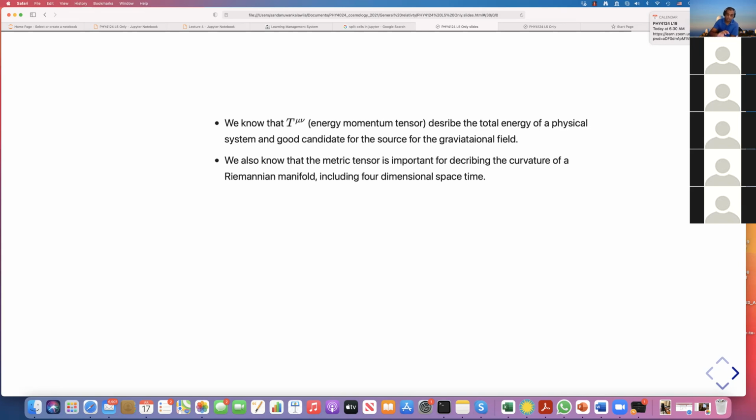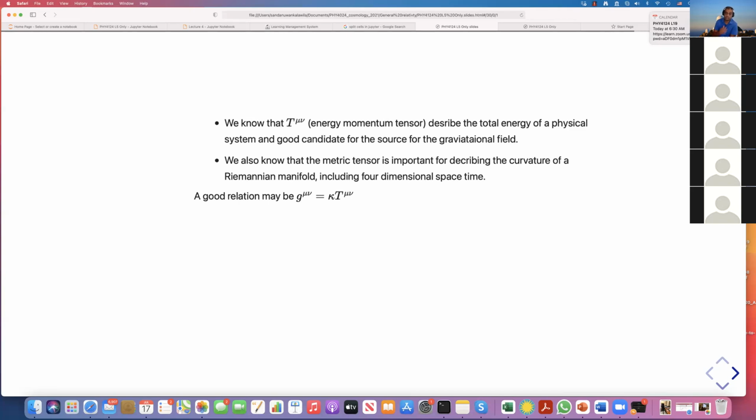And we change it to G mu nu when we explain curved spaces. So maybe this metric tensor describes the curvature of space-time. So he thought maybe a good relation will be this one.